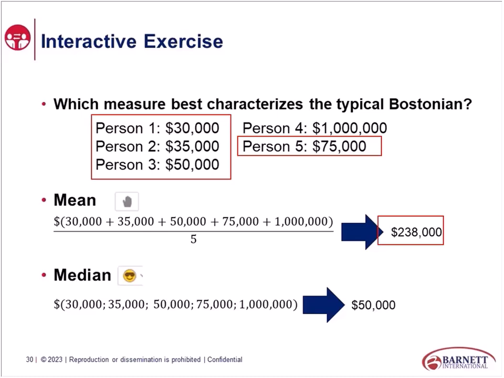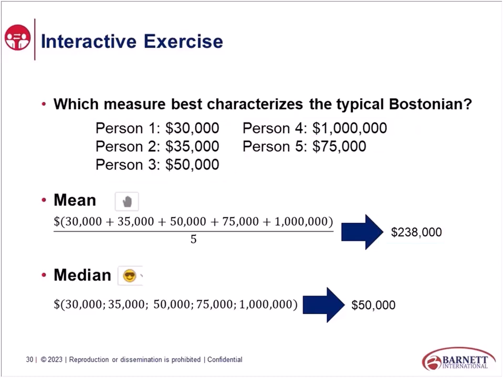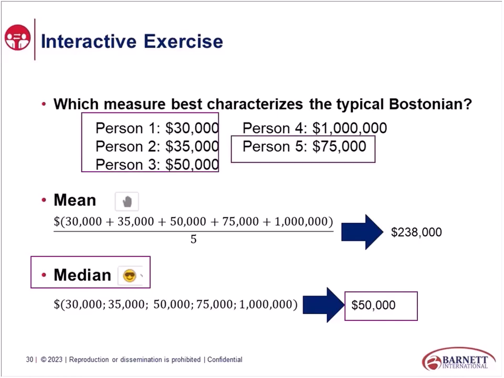Yet it's only one person that's making over 200,000. They're making $1 million. So notice how a single person can actually affect the average. Now, if you look at the median, it is 50,000. It much better represents the group, and excludes the person who got the $1 million.